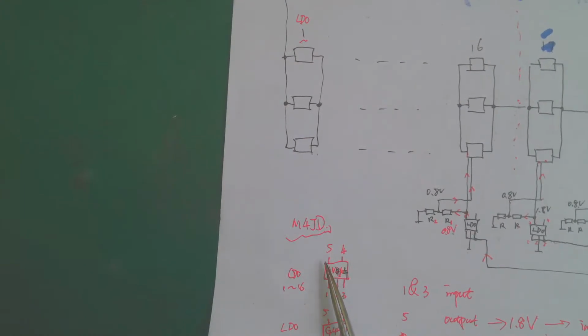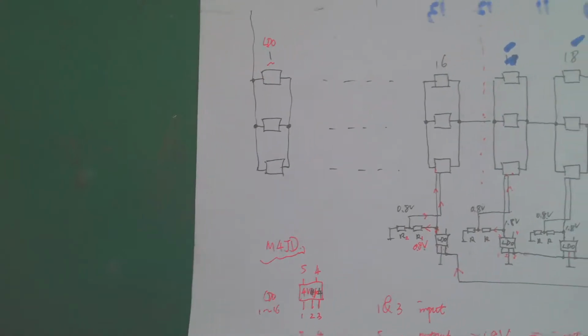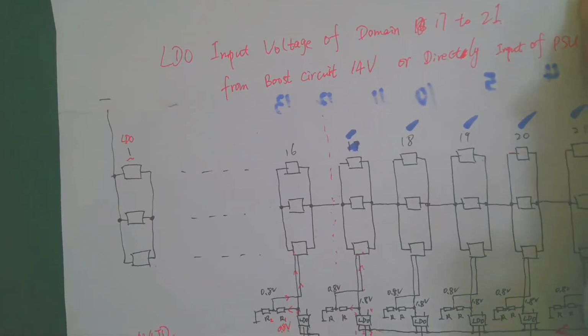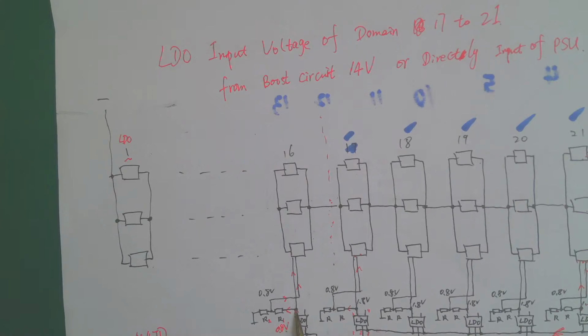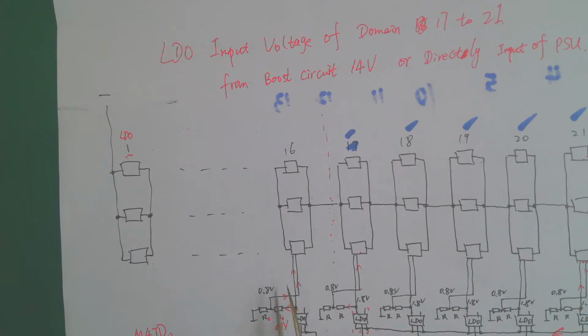Here, from pin 5. Okay. So this one is for domain 17. Here the input is 2.5 volts and the output 1.8.